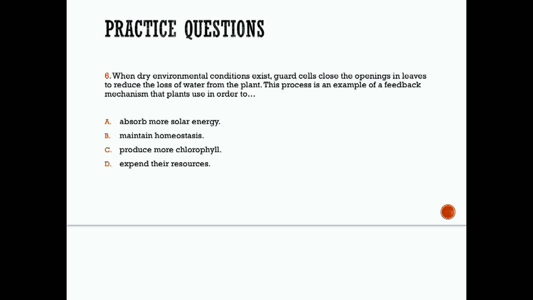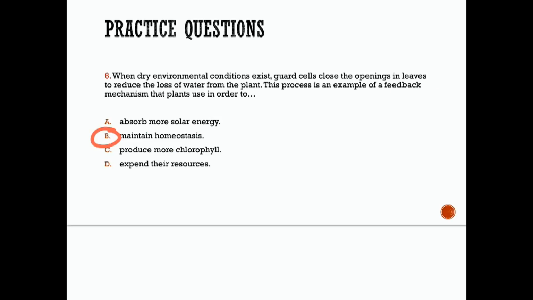So if you were paying attention at all, you would know that we've been talking about homeostasis and that feedback mechanisms go with homeostasis. You could probably guess your way through this one. Remember, homeostasis refers to an organism's ability to maintain a relatively constant internal environment. In many organisms, feedback mechanisms have evolved to maintain homeostasis.